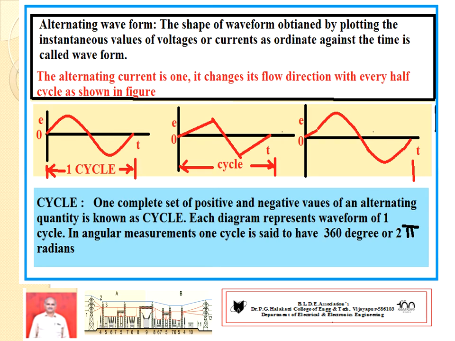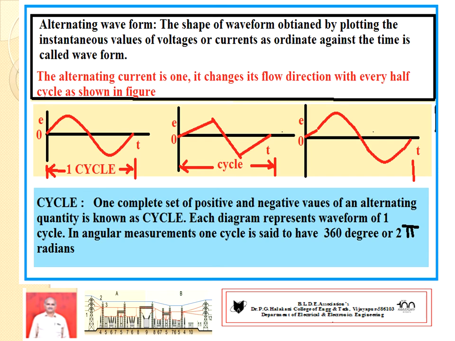So some fundamental definitions are required to enter the AC concept. The following things are there. So first, waveform. What do you mean by waveform? The shape of waveform is obtained by plotting the instantaneous values of voltages or currents as ordinate against the time is called waveform.